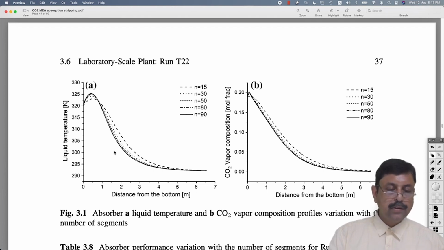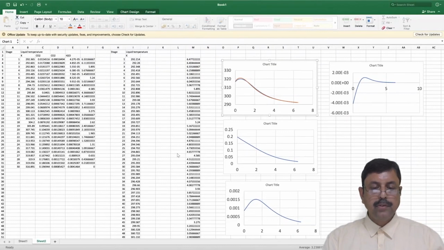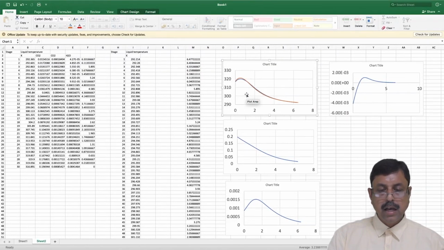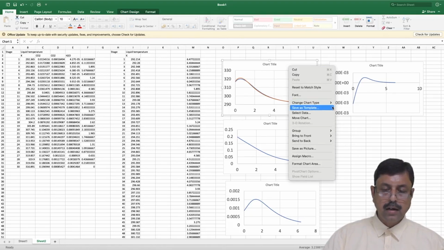And over here, after nearly 1 meter, the profile for the 30 stage column is higher than the 90 stage column. If you find difficulty to understand it properly, you can shift it to a chart.